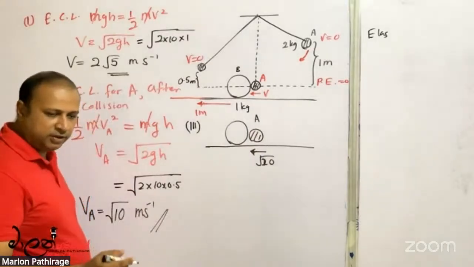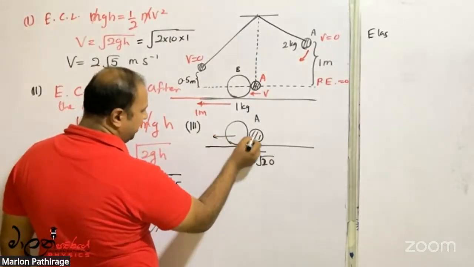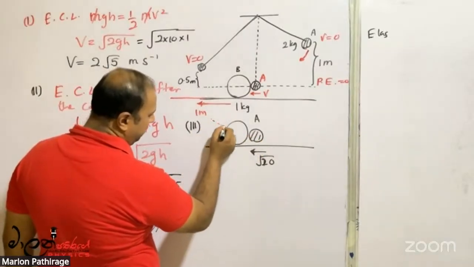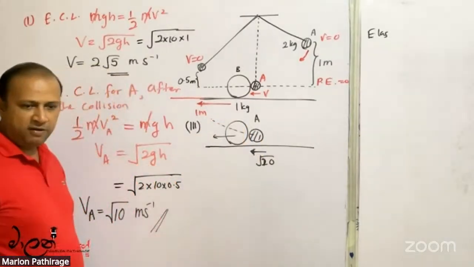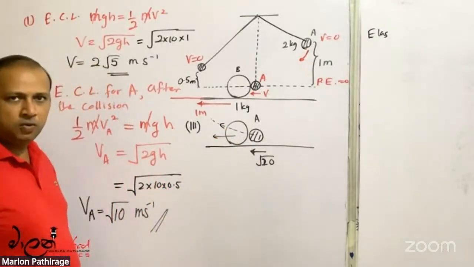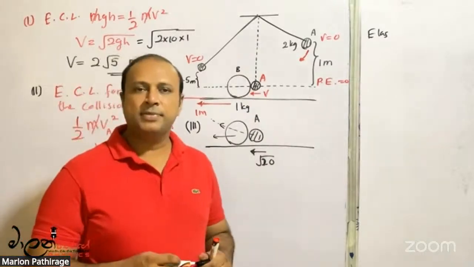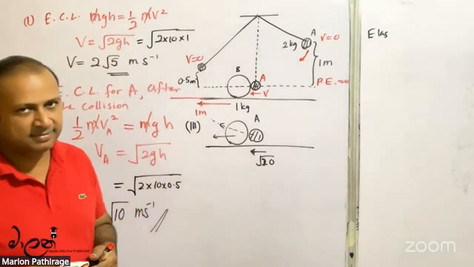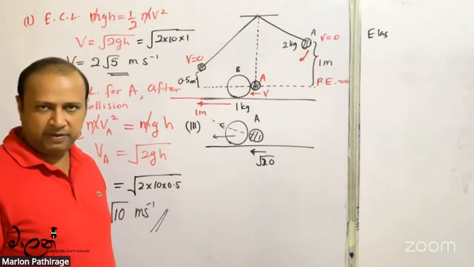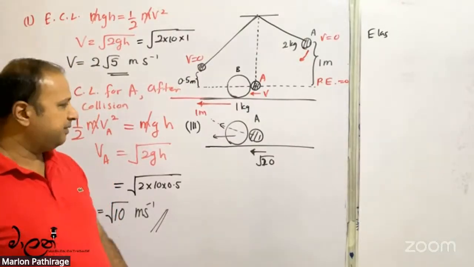But after the collision, this will move along this kind of path. Therefore, we cannot assume these two are moving together after the collision. That is number one. But yet, we can apply linear momentum conservation.